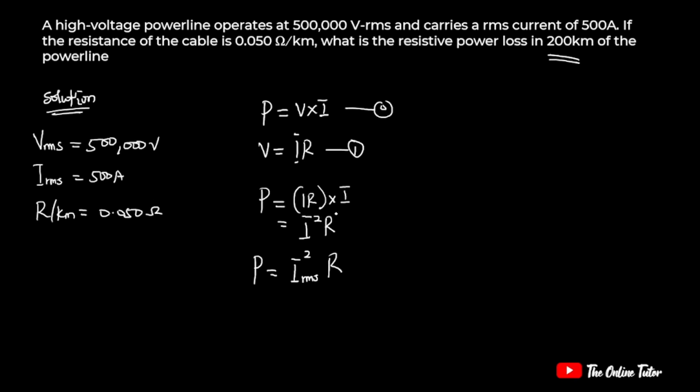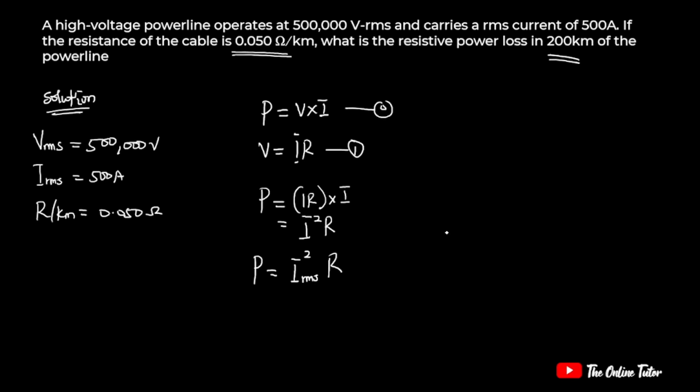Now let's look at something. We have the resistance as 0.050 ohms per kilometer. So we can go ahead and substitute our current, which is 500, square it and multiply it by the resistance, and we get the answer.